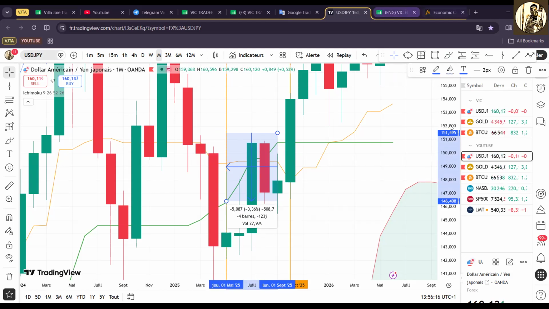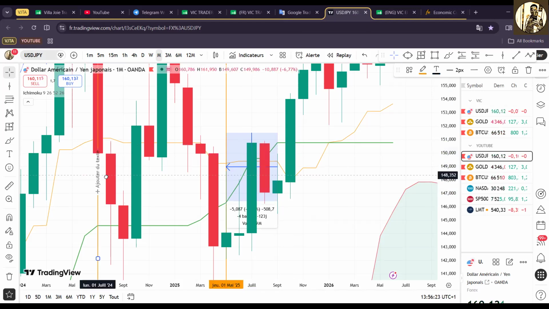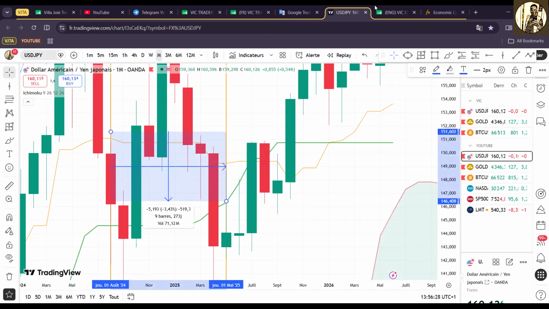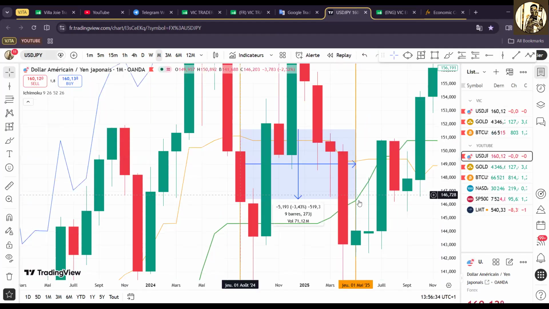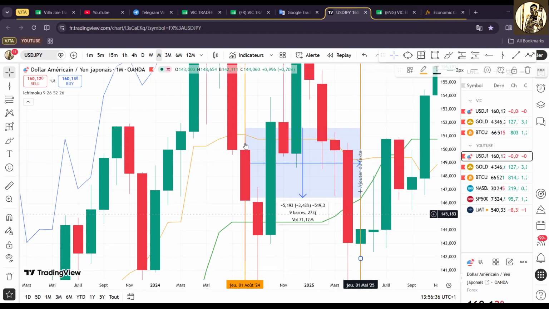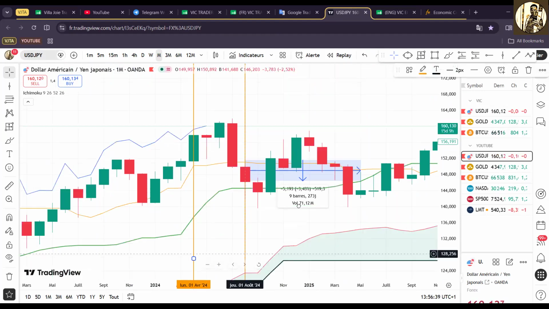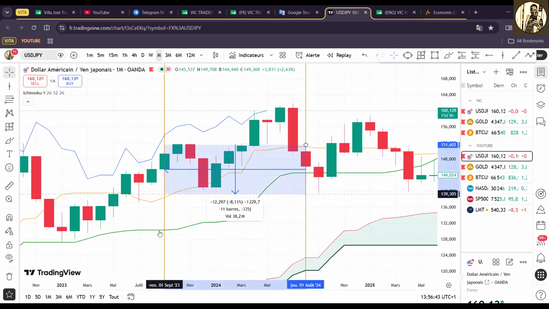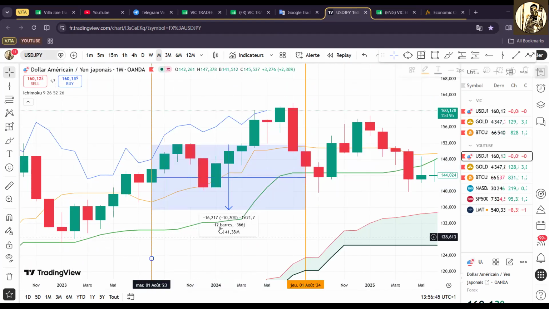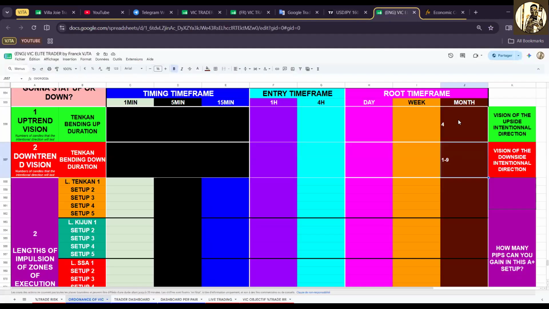Now I'll write, for this whole downtrend on the left, from this point to this bar, it is 9 bars. I'll write 9. So 9 bars represent 9 months, right? Then we have another one that starts from this point, and that is 12 bars for the uptrend.